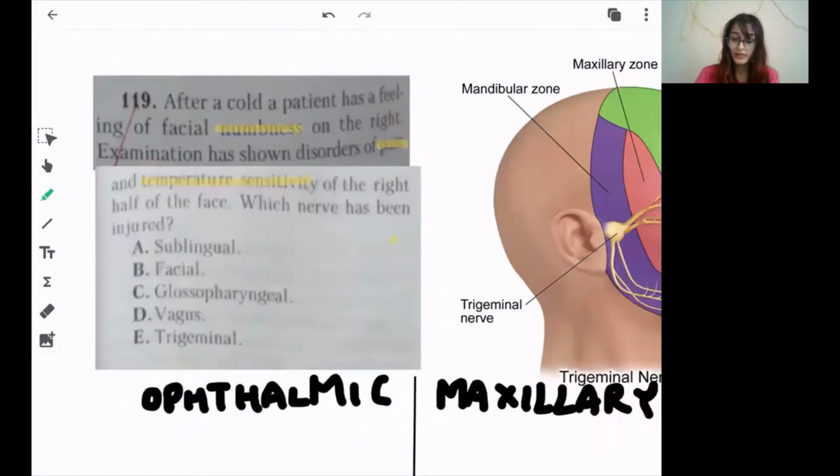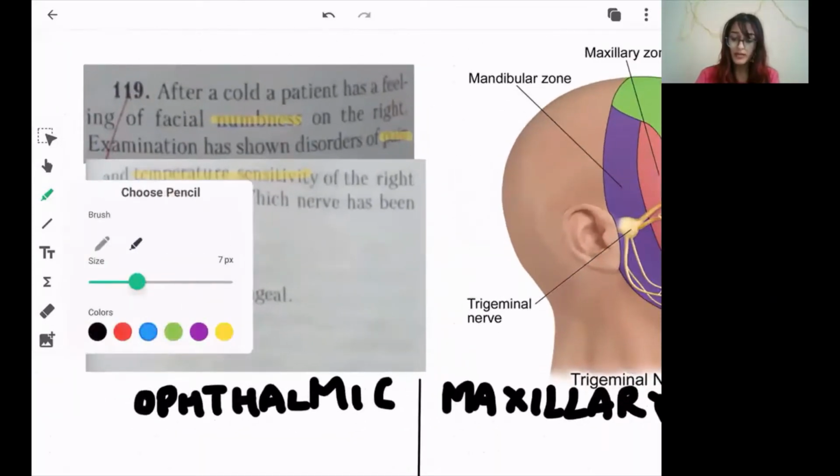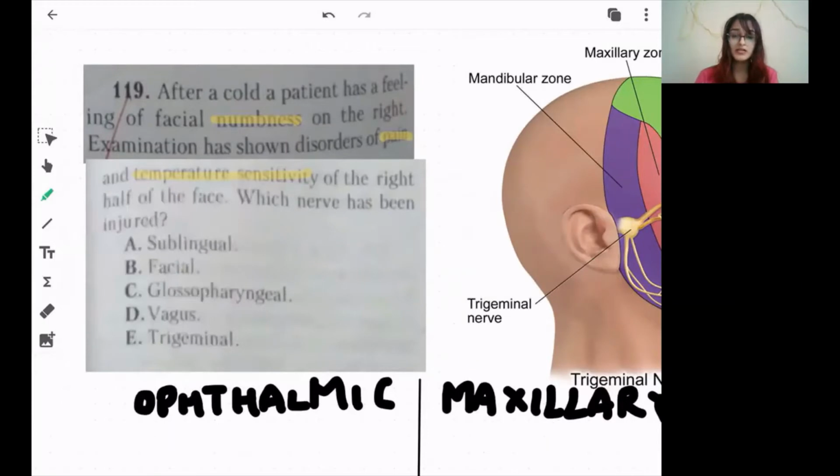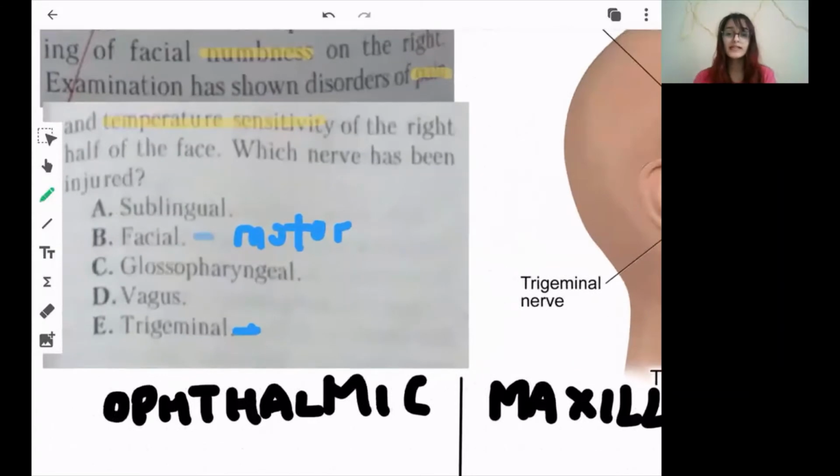If you remember, all the facial muscles are supplied, for motor function, by the facial nerve, and all the sensory innervation of the face is by the trigeminal nerve.